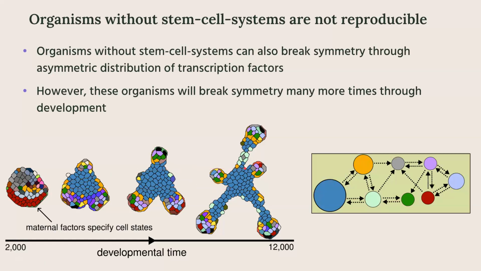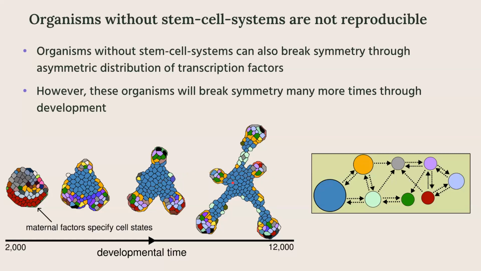If we look at the development of this organism, we'll see that these growth zones, or buds, tend to grow out from the organism at different regions as development goes on. So it's breaking symmetry and developing in different locations.